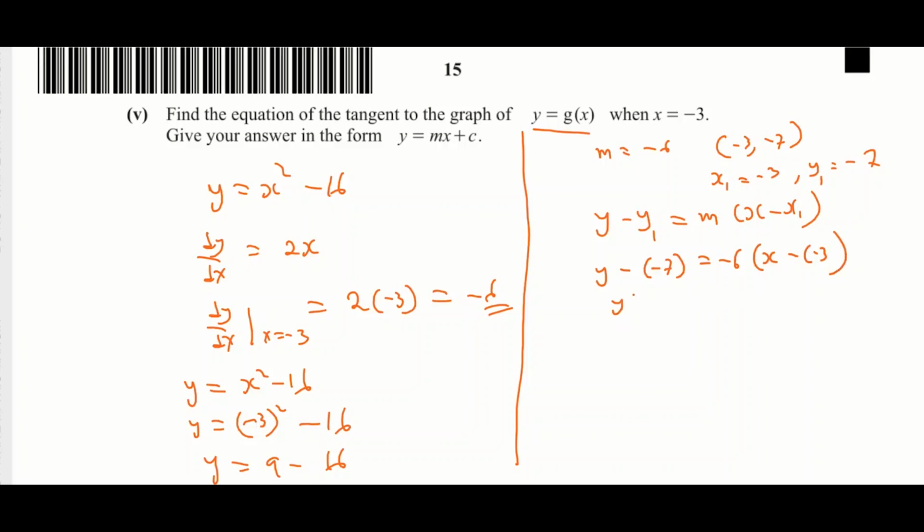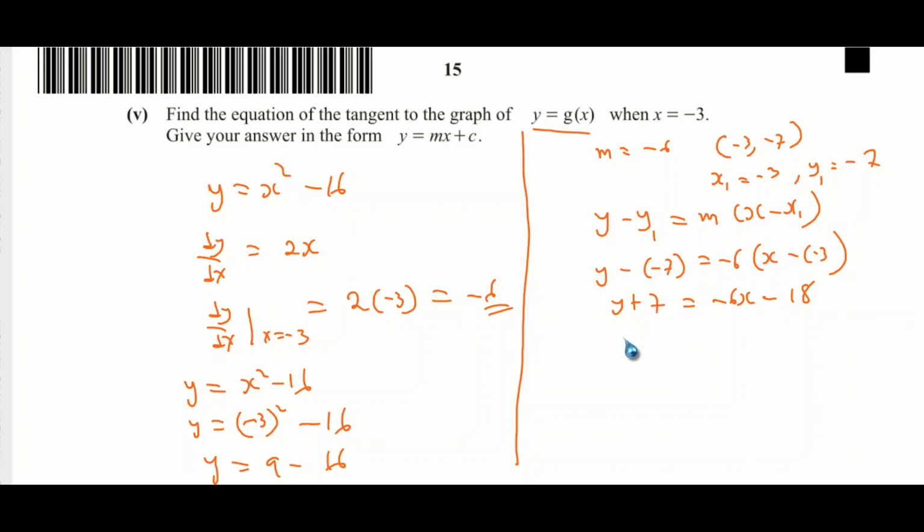So this will be y plus 7 equals minus 6x, then the two negatives become positive, minus 6 times positive 3, minus 18.